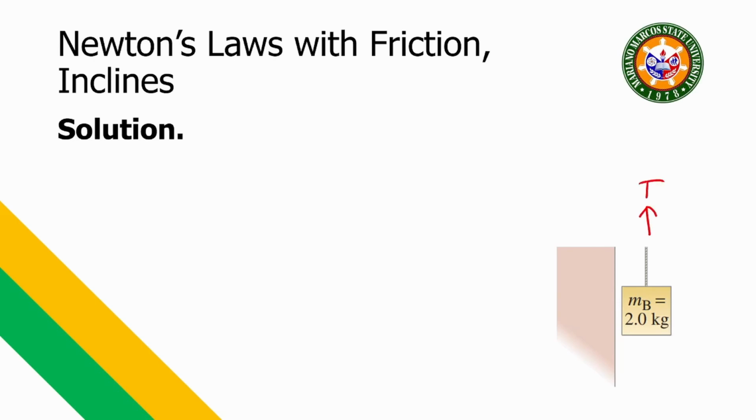So, ganito yung direction ng tension away from the system and its own weight. So, yan muna. So, yung MB natin, if the system moves, expected natin na yung movement ng MB ay downwards.